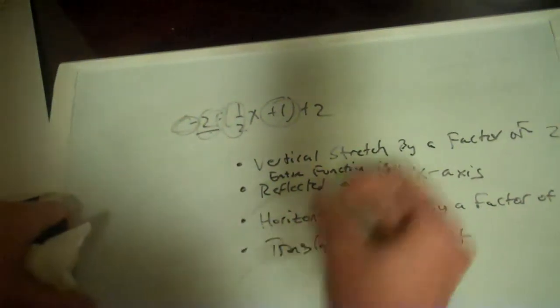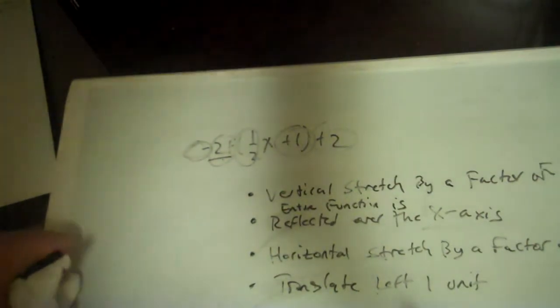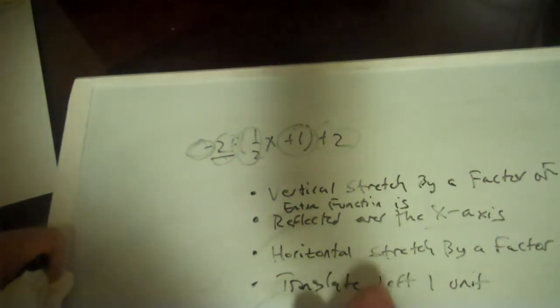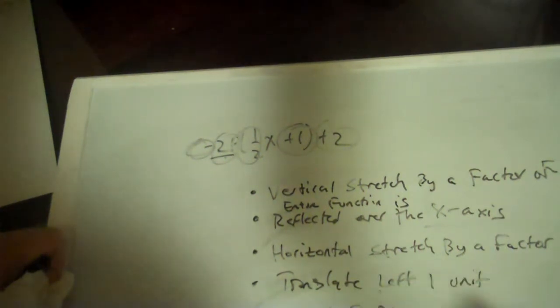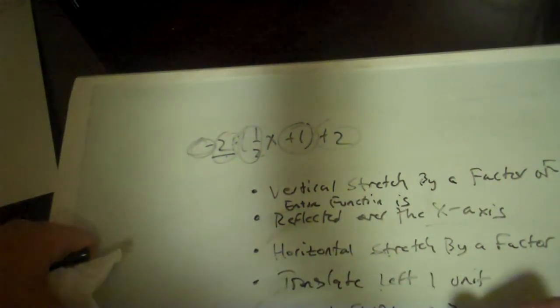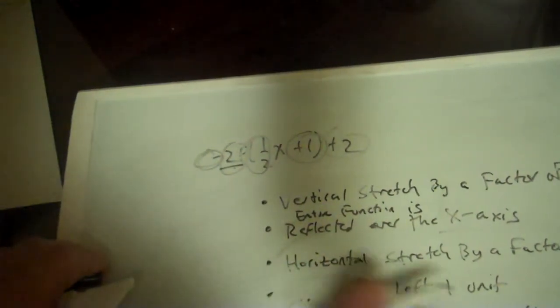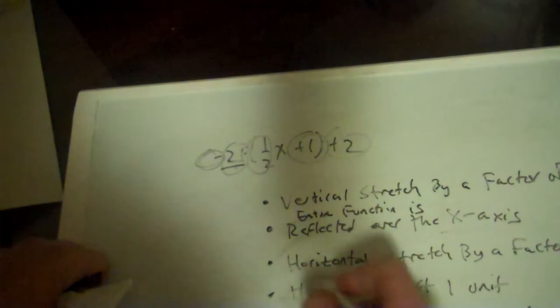And lastly, this plus 2 just means that we're going to have a vertical shift up 2 units. And this is actually a horizontal shift. I just couldn't find the words at the time. Horizontal shift.